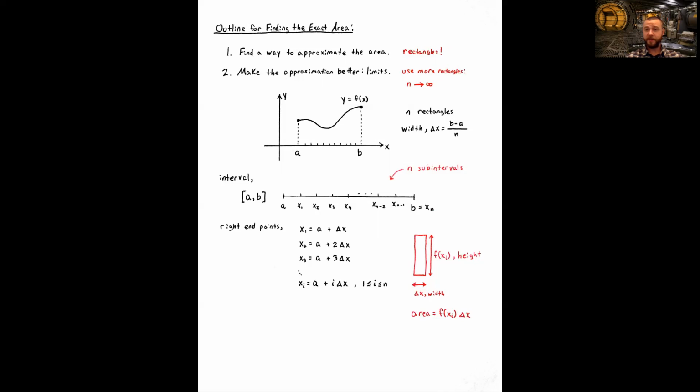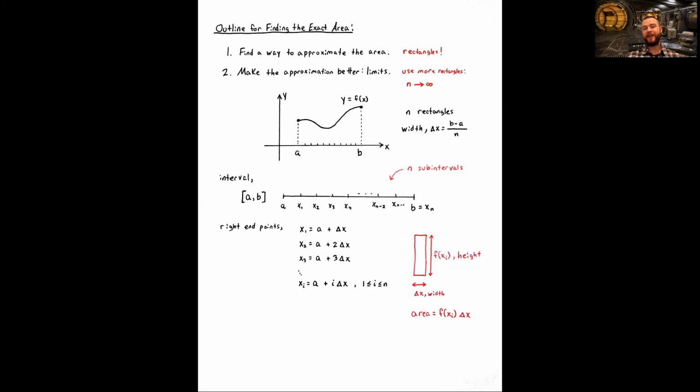That gives us the height of each rectangle, f of x sub i. Again, that represents the height of each rectangle. And then we multiply each of those function values at right endpoints by the width, delta x. The area of one rectangle is written down there, f of x sub i times delta x.